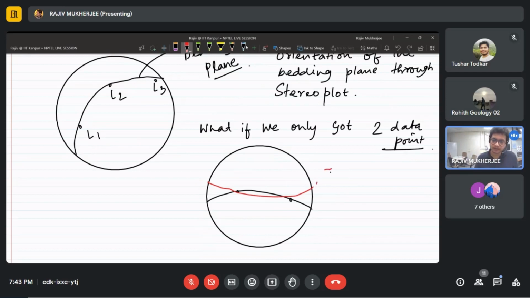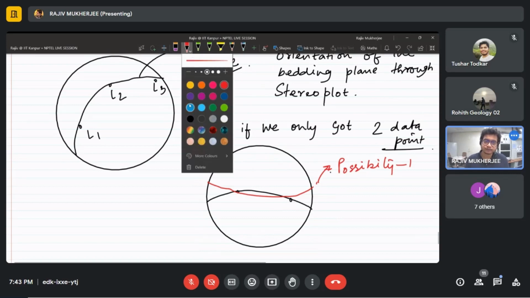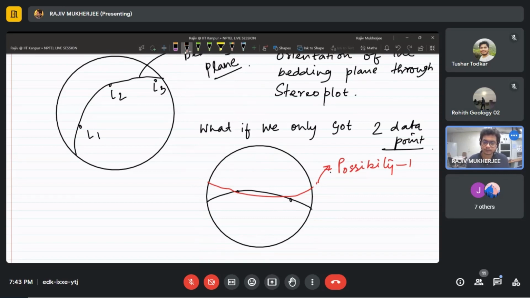This is a possibility one, and let us say that this is the possibility two. Then how to figure out which one is correct?